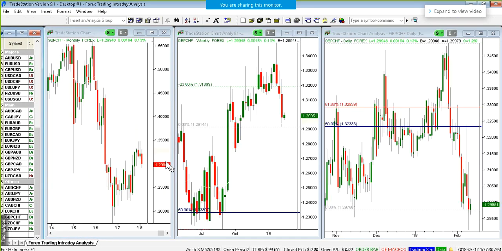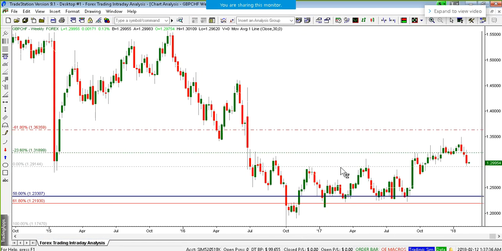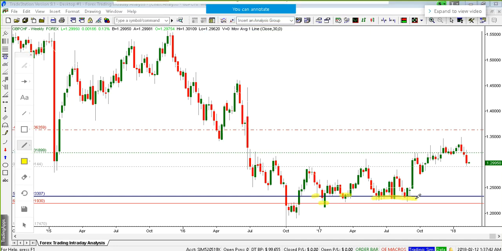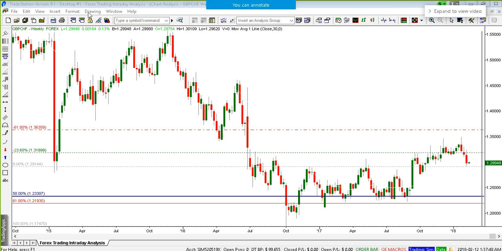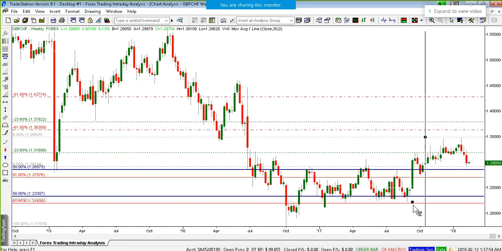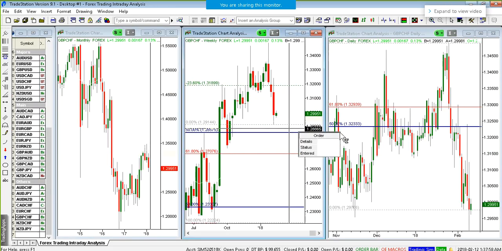Pound versus Swiss franc here. We had this 50% that was not initially respected, a very dirty trace: respected, not respected, respected, and it brought price into that first target, but was not capable of bringing price into that second target. Okay, so the best trace we have now is the lows to highs, and that market has not reached that level yet.